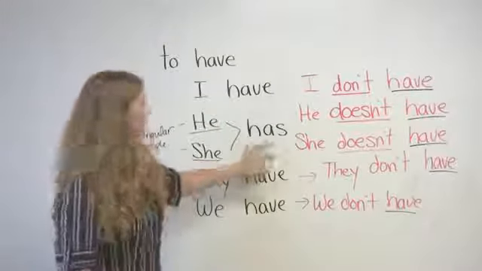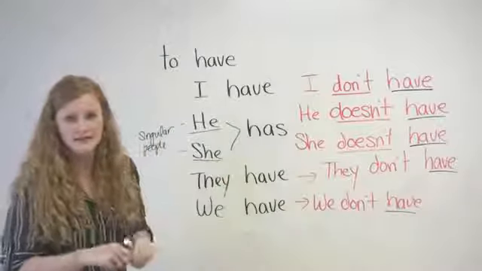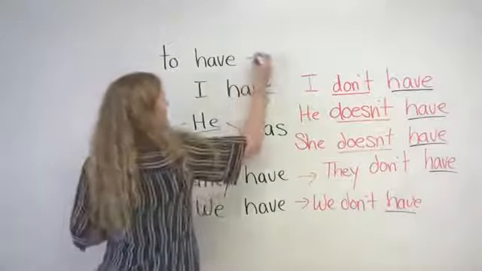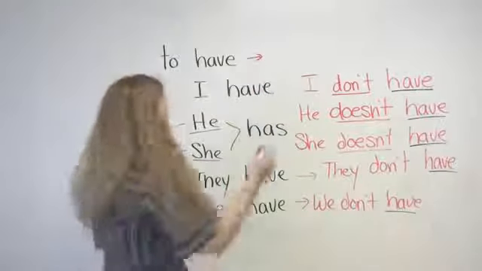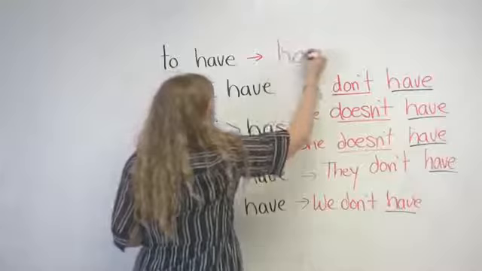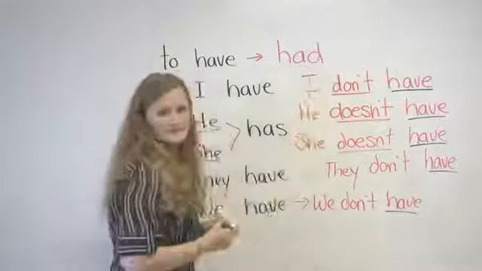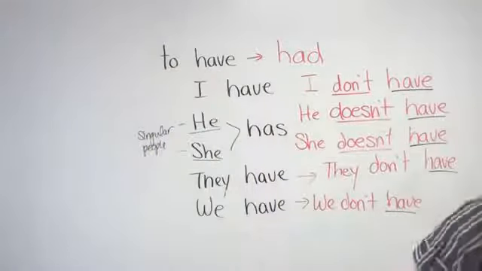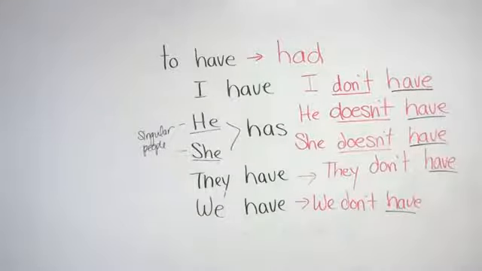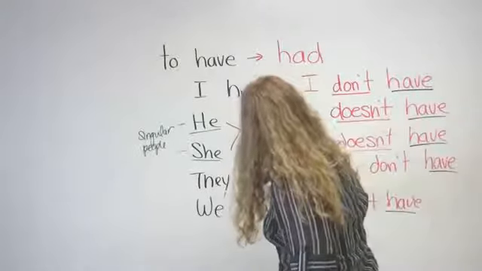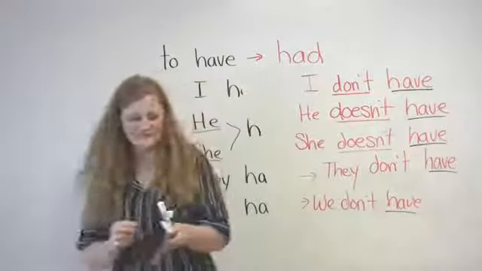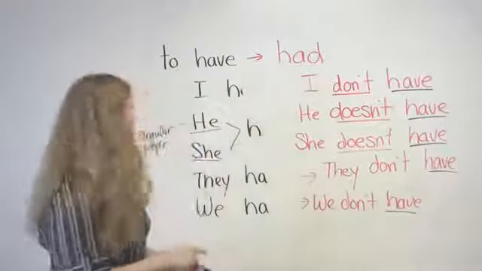The other part of this verb is the past. Does anyone know the past of have? It is had. So, this is very easy, and you're lucky for this one.